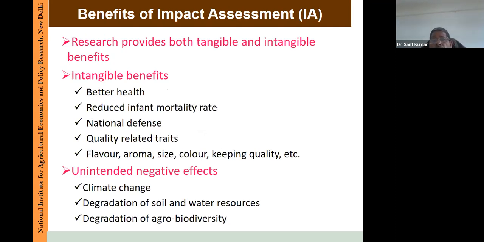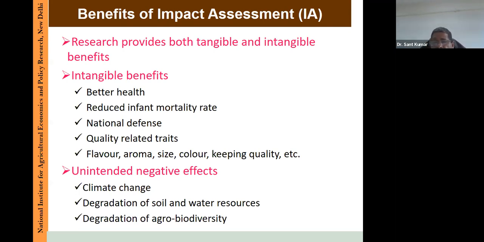So the research in the form of technology provides both tangible and intangible benefits. Tangible benefits, we know. The intangible benefits could be better health, reduced infant mortality rate, national defense, and quality related traits like flavor, aroma, size, color, and so on.